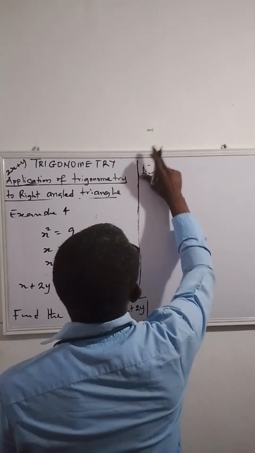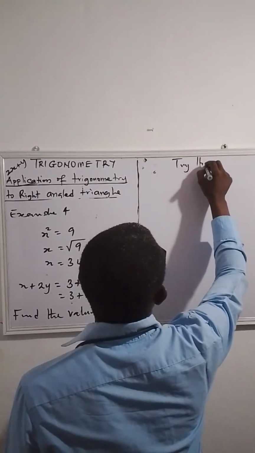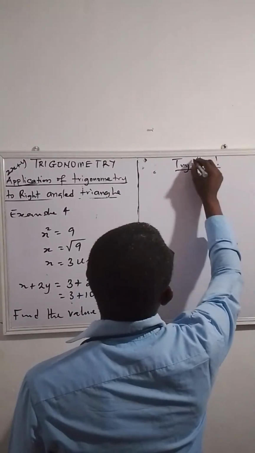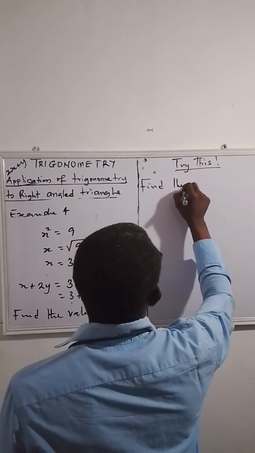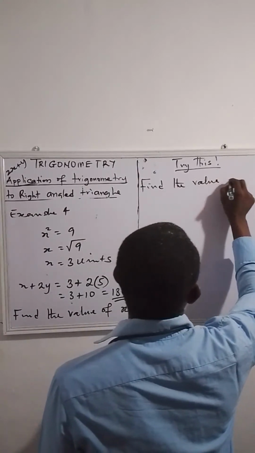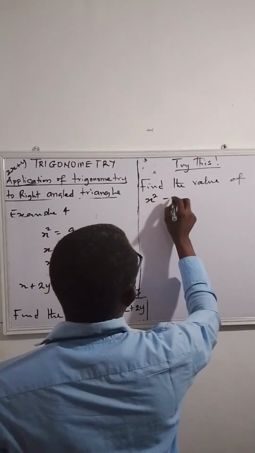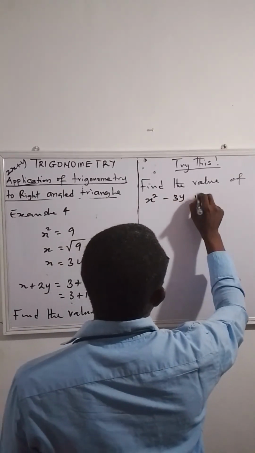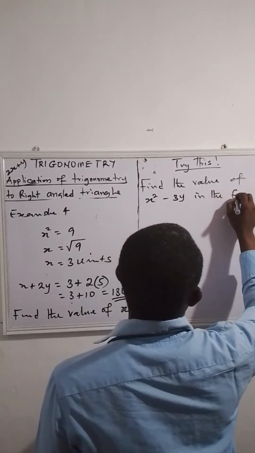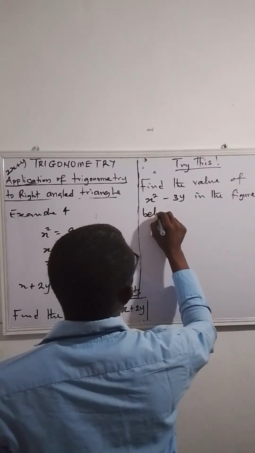Let's try this. Find the value of x squared minus 3y in the figure below.